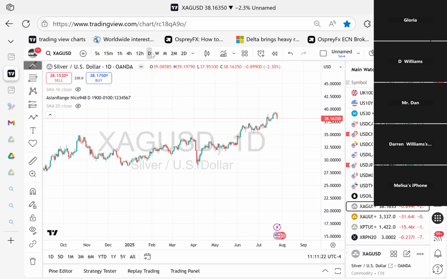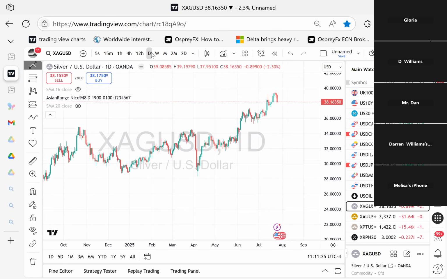Okay. So on the daily, I'm just interested in going from my swing low to my swing high, because I already know where the weekly swing low is. Y'all understand that? Yes. So really all I'm interested in doing is marking up my daily structure that took me from this low to that high up there.